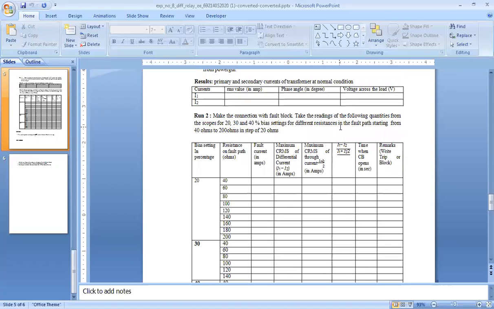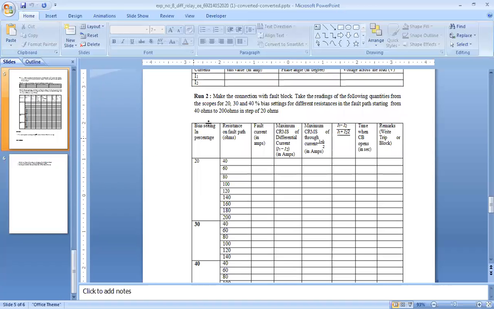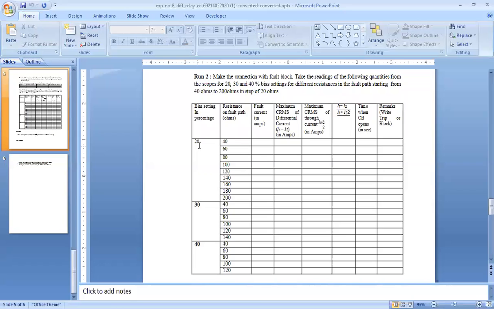Then you see the fault path starting. You have to put different fault resistances in the fault path. So first of all, the wire shifting is set at 20, and the fault point resistance is increased from 40 to 200 instead of 20 ohm.